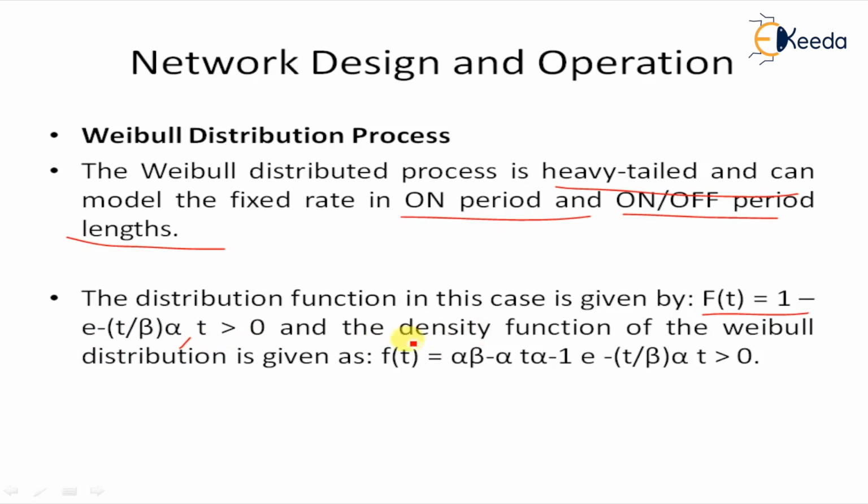The density function of the Weibull distribution is given by the following equation: alpha times beta to the power minus alpha times t raised to alpha minus 1 times e to the power minus (t by beta) to the power alpha, t greater than 0. Alpha and beta are the shape and scale parameters respectively in the Weibull distribution process.